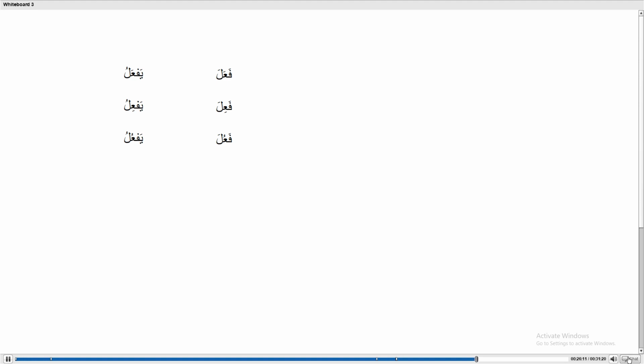A chapter is considered to be a combination of a Madi and a Mudari.